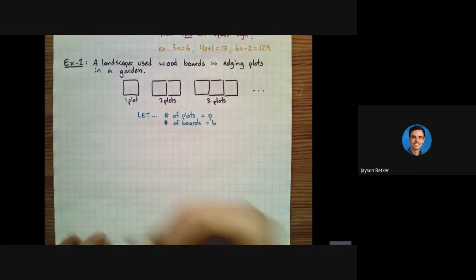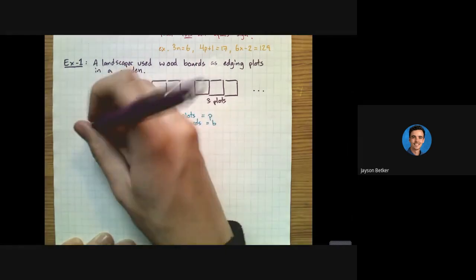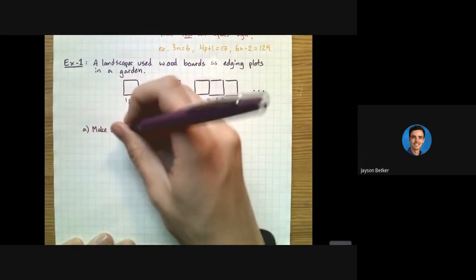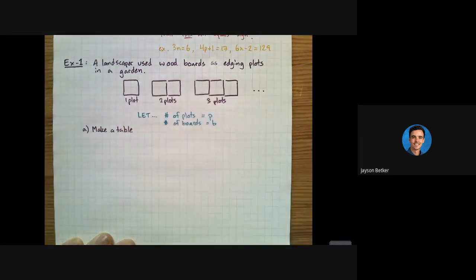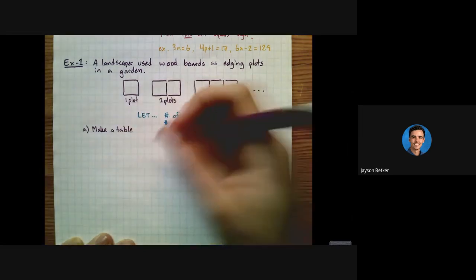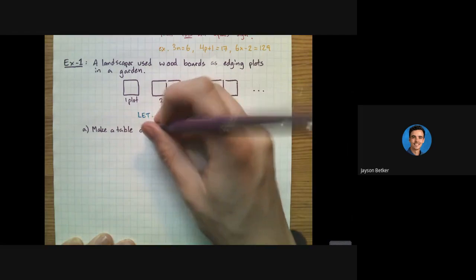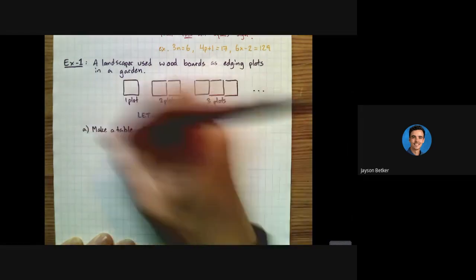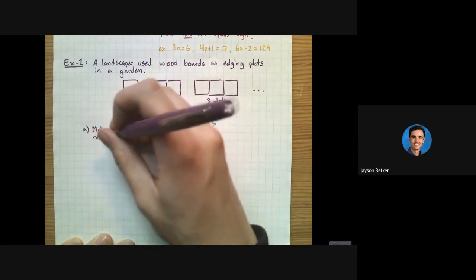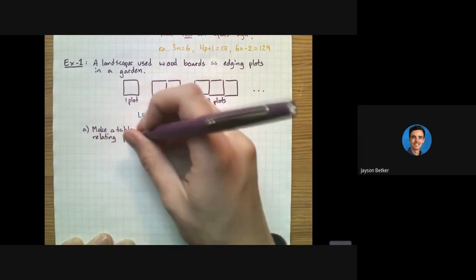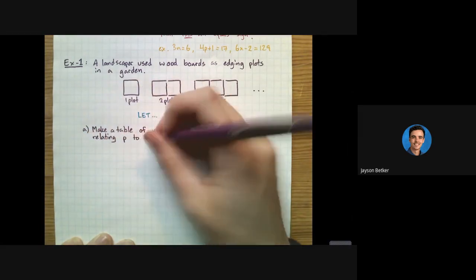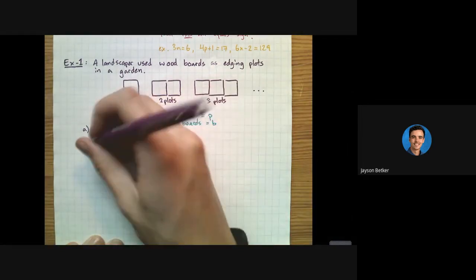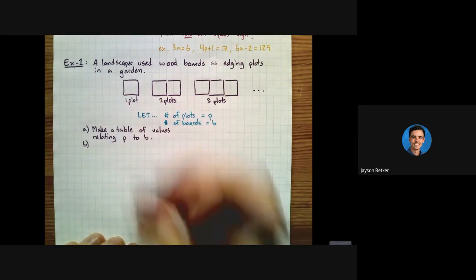We have 3 of them. A, make a table of values relating P to B. Okay, and then B, write an equation relating P to B.